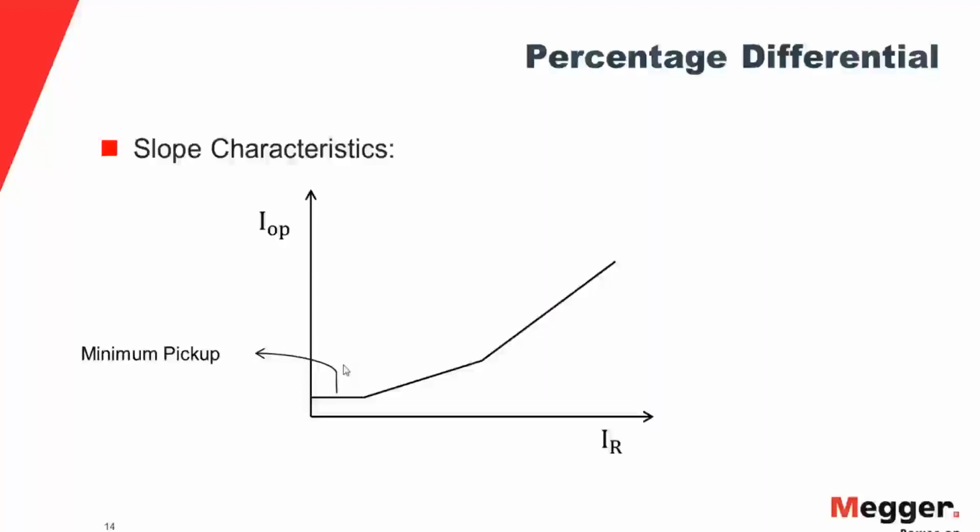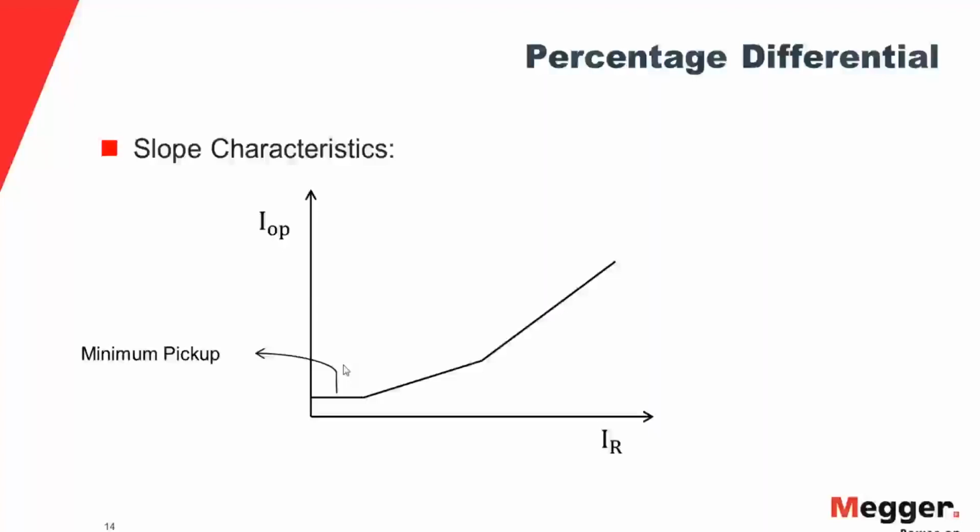Taking this slope concept and implementing it for different applications is one of the complex things in the differential function. So instead of going with one slope, like 50% or 20% or 30%, we can have a combination of slopes. So as explained here, this part right here is for the minimum pickup.